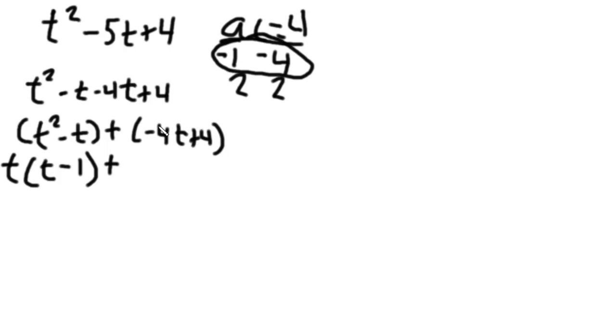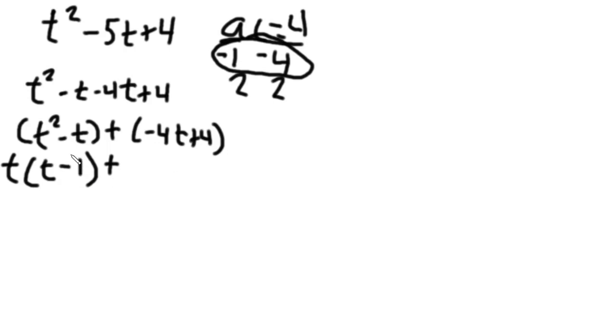And then I have here a negative 4t plus 4. This is a situation that a lot of students have trouble with. If I were to pull out a 4, which is what a lot of people think you should do, you would come out with a negative t plus 1 inside the parentheses, which is not the same as t minus 1.